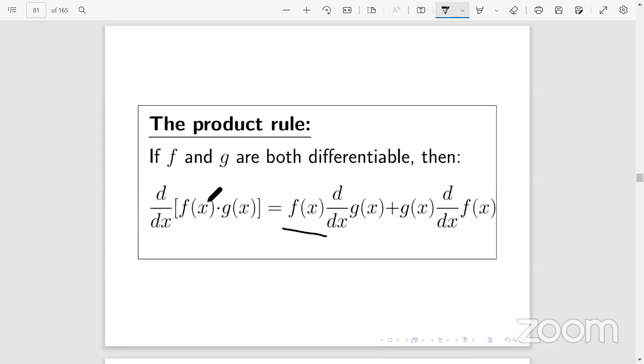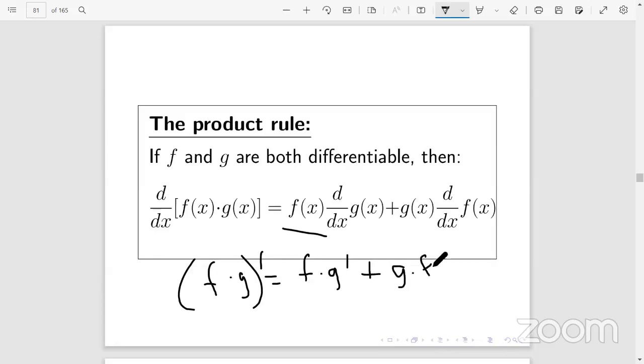So the derivative of f times g, (f times g) prime, is the same thing as f times g prime plus g times f prime. You keep one constant, differentiate the other, plus the one that you differentiated, you just keep it constant, then differentiate the one that you kept constant.